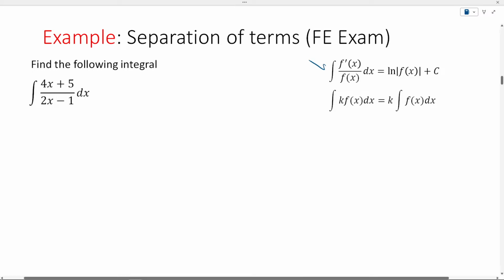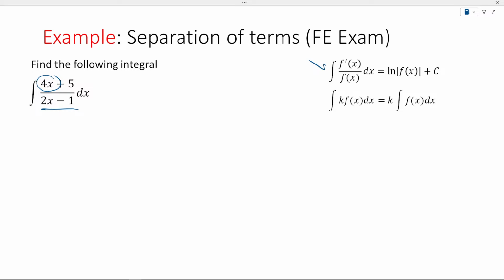That is how you can solve a problem like this. You use long division to separate the x, for example, to get the 4x out, then you will have this function and its derivative, and then you can do the integration.